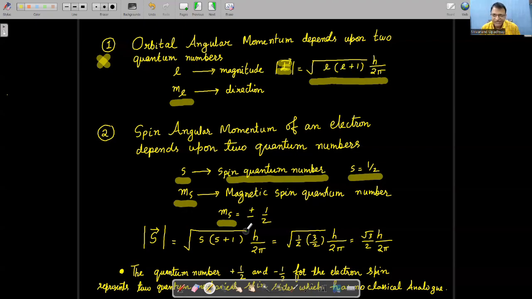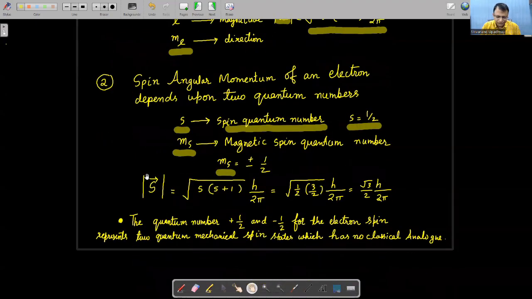Magnetic spin quantum number can have two values, plus half or minus half. In the same way, they can ask a question: spin angular momentum of an electron depends on how many quantum numbers? It depends on two quantum numbers, spin quantum number and magnetic spin quantum number. The magnitude of spin angular momentum we can find by using this formula: under root s(s+1) h upon 2 pi, where s is spin quantum number.